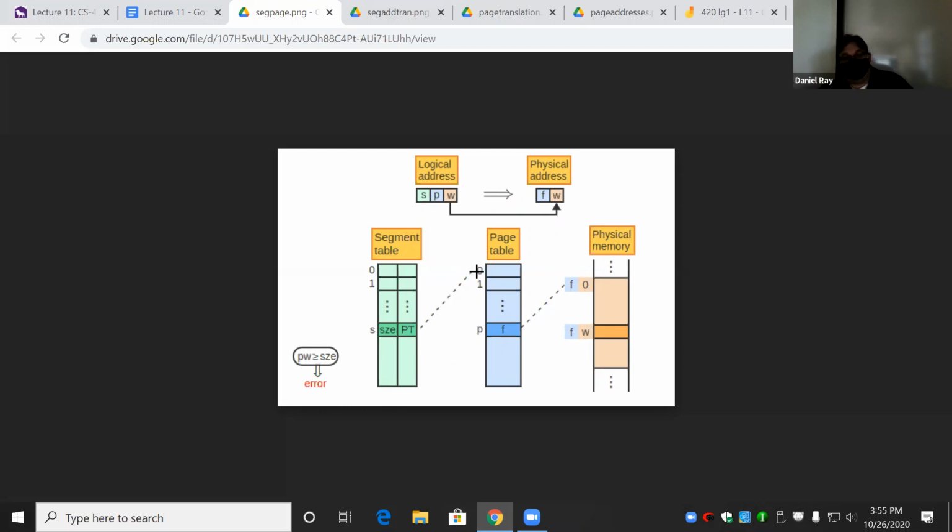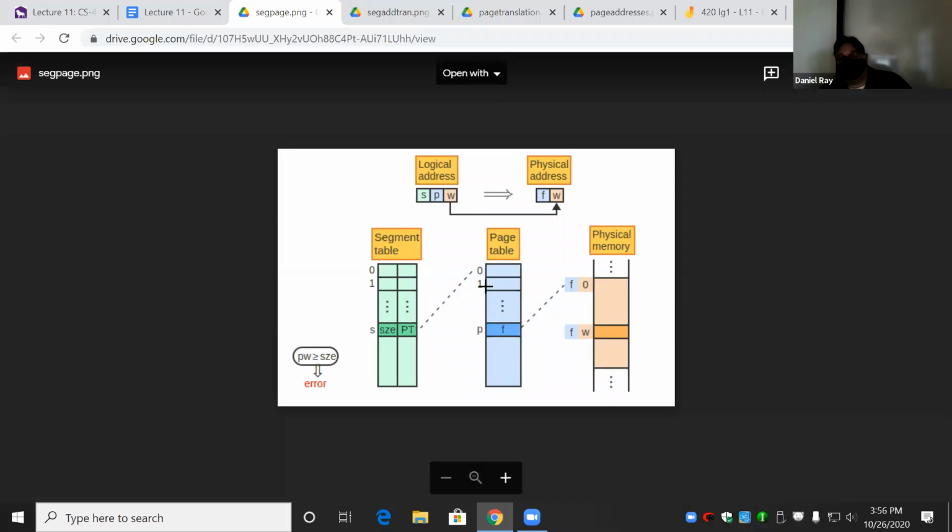So we'd go over to the page table, right? PT, page table number, and then we look up what P is, right? And we find F as the frame number in physical address, okay? And then we add the W offset to that, just add it directly, down W spaces, because the pages are the same size as the frames, okay?